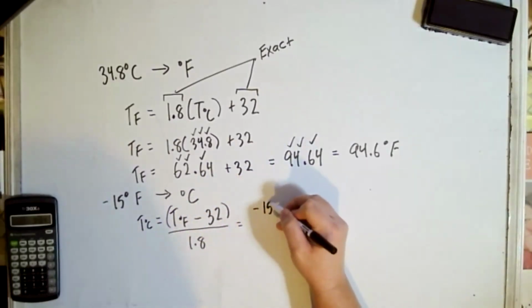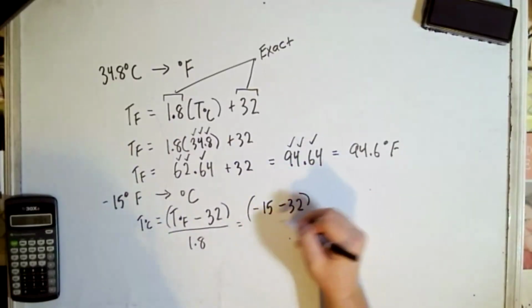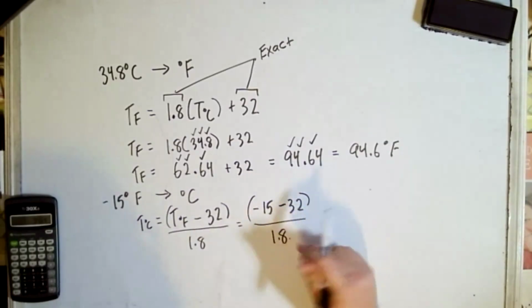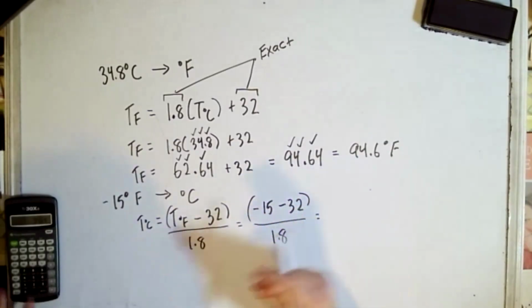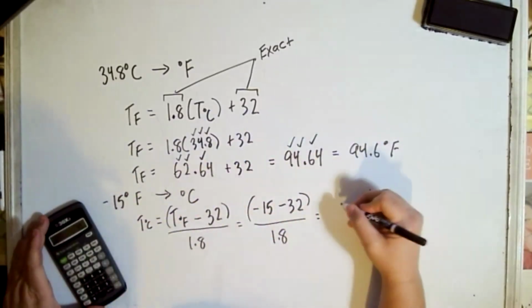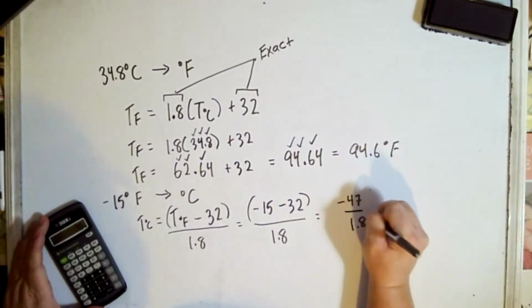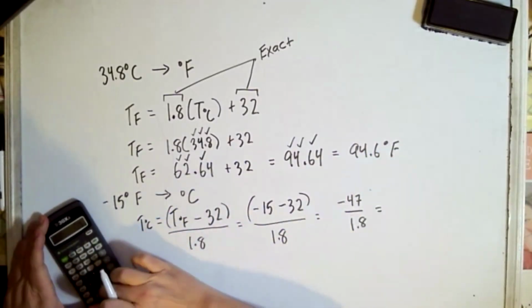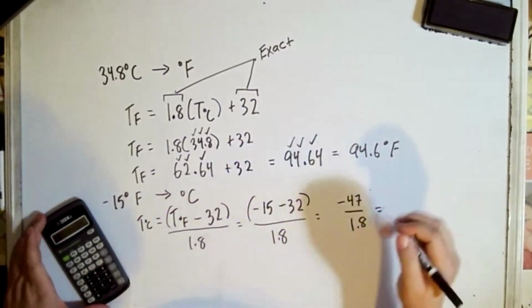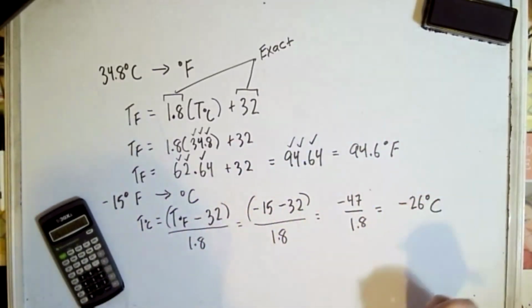So we have negative 15 minus 32 over 1.8. So negative 47 over 1.8, and we're going to end up with negative 26 degrees Celsius.